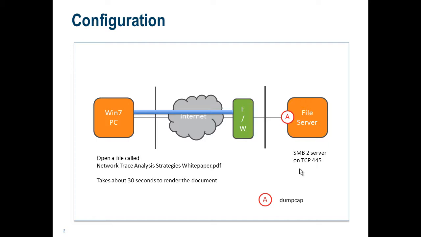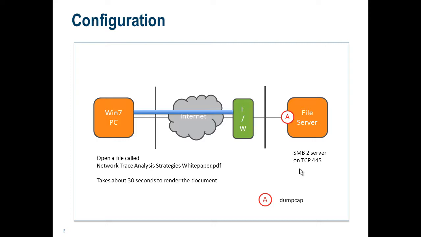So this is the configuration. We have a Windows PC that's accessing a file server across the internet. We have a VPN that terminates on a firewall, and via that VPN we're gaining access to a file server that's listening on TCP port 445.